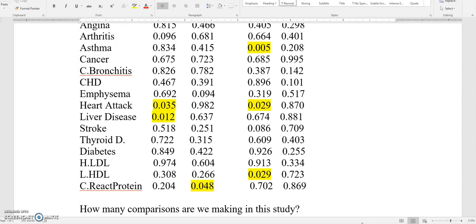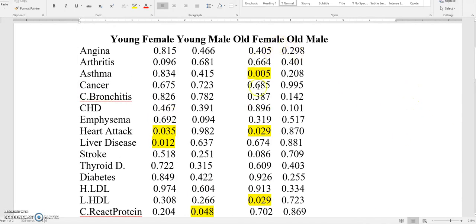There's a reason that this makes sense as an interpretation: we do see a lot more significant p-values for older and young females. We only see one for any male whatsoever, and it's very marginal, notice, for the C-reactive protein. And we know that women do naturally have higher body fat and tend to struggle with obesity, especially later in life, more than males.